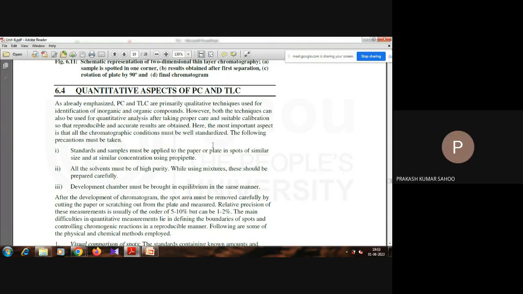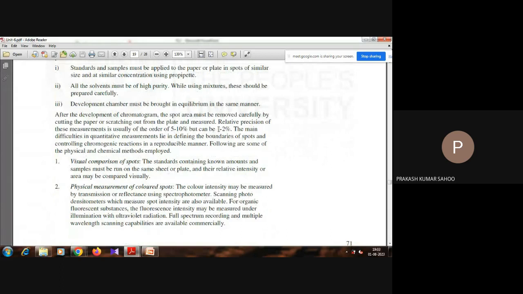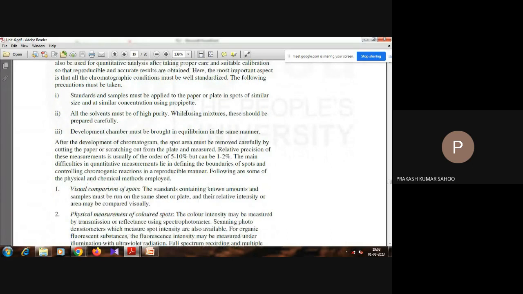All solvents must be highly pure. While using a mixture, it should be prepared carefully. Mixture means a ratio, like 1 is to 3, or 2%, or 7 is to 3 ratio. So you have to prepare that mixture very carefully.